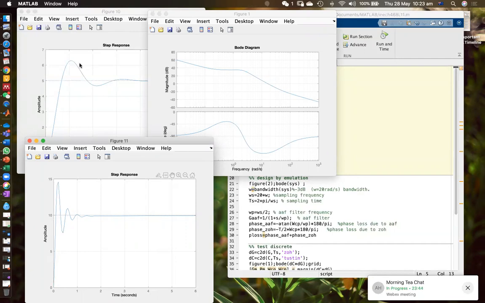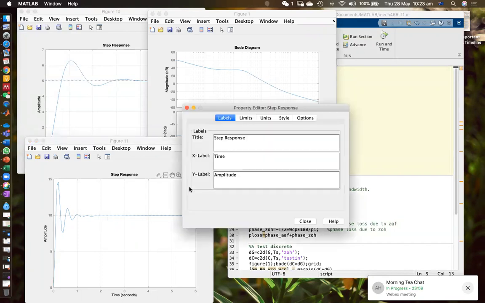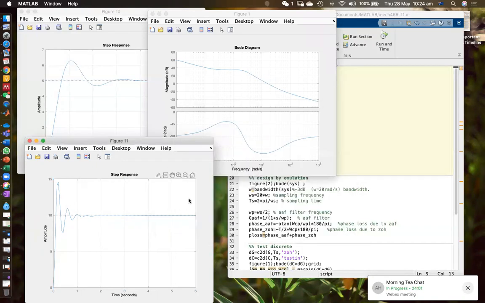And it has overshoot. So overshoot depends on your application. Sometimes you want to go very fast, you sacrifice some overshoot. That's okay. In this case, that's what I'm going to do. And you can see the steady state of the system is 10.